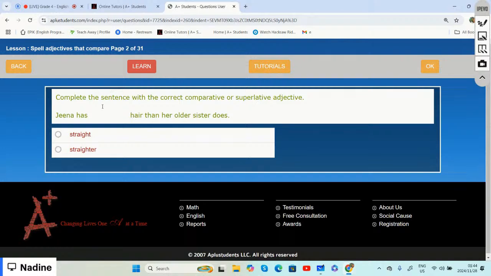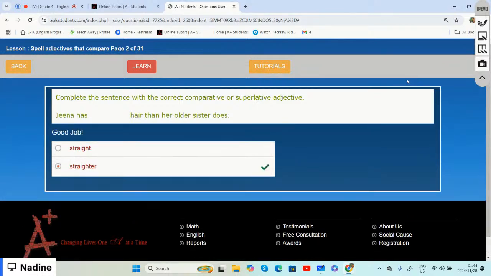All right. And if we were to choose the correct answer, then yes, we will say Gina has straighter hair than her older sister does. Now, this is where we are comparing two people, Gina to her older sister's hair. So well done.